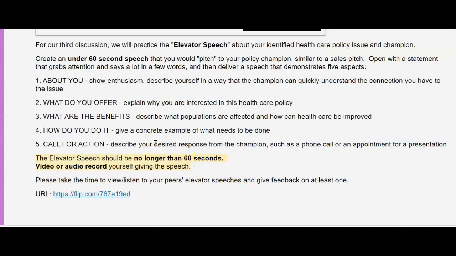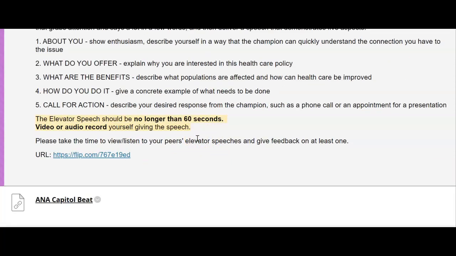Give an example of what needs to be done, and then describe your desired response from the champion. Like, I'm asking that you call me back or make an appointment so I can give you a more in-depth presentation, etc.